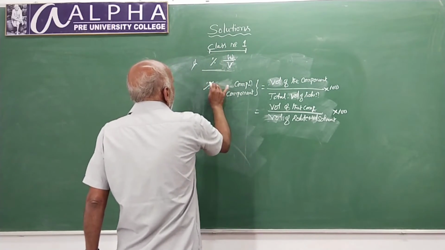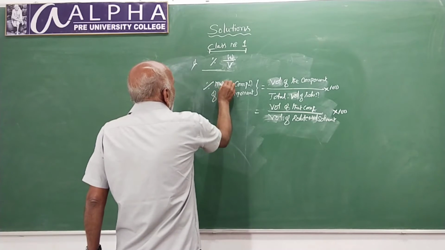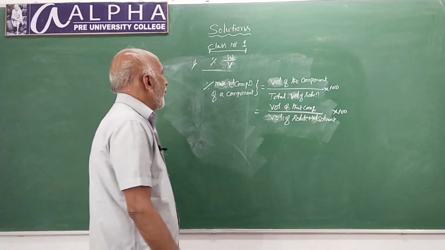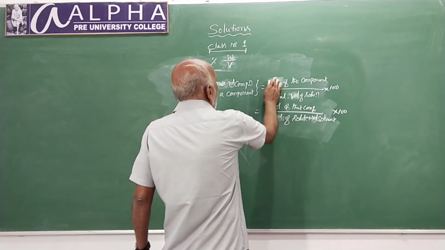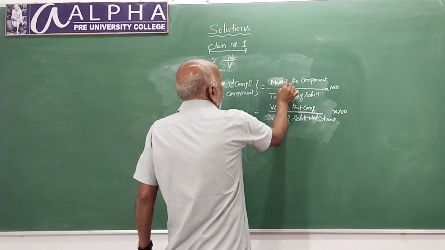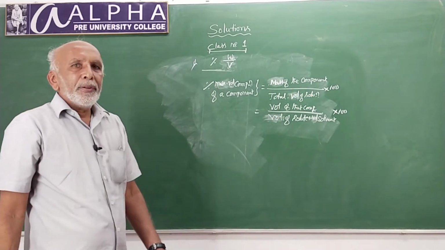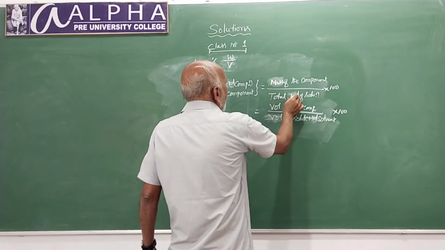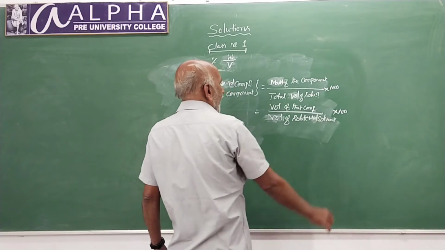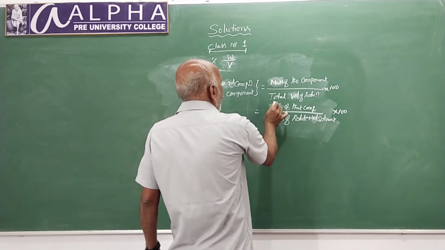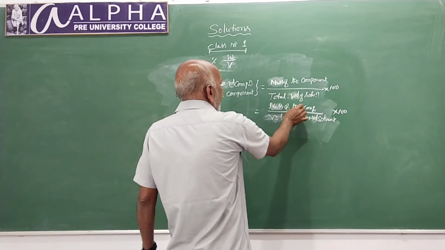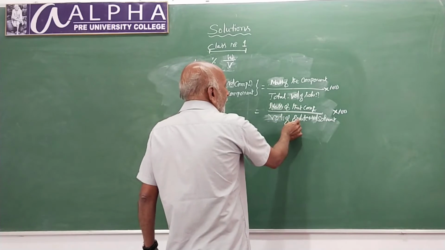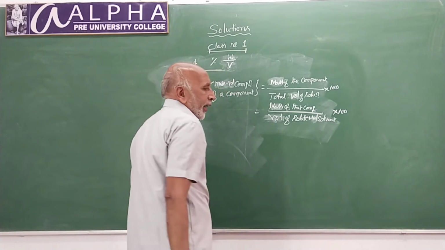Here, percentage mass by volume composition of a component is equal to mass of the particular component of the solution divided by total volume of solution into 100, or mass of that component by volume of solute plus volume of solvent into 100.